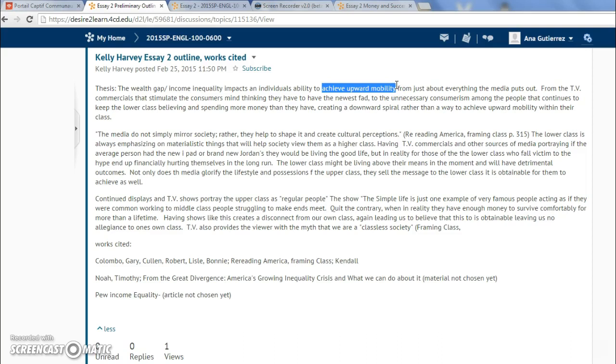So one suggestion would be to say, the wealth gap impacts an individual's ability to achieve upward mobility because, and then give those reasons, because consumer culture targets lower classes, pushing them to spend more money than they have, comma, and then whatever other examples you give.